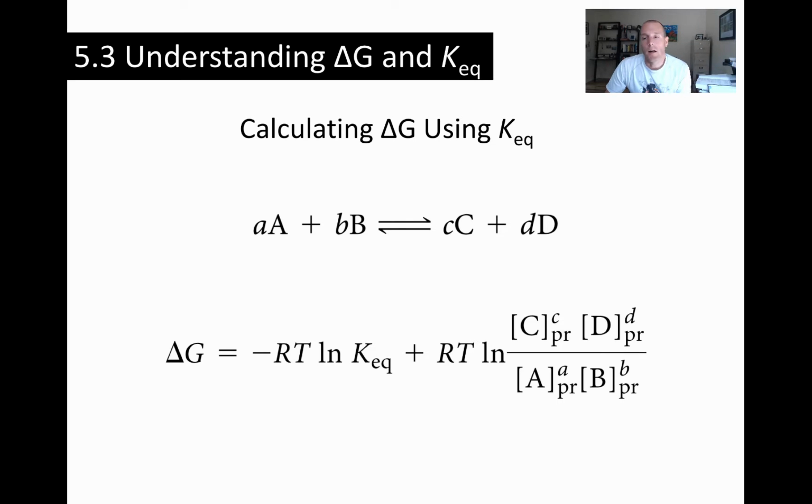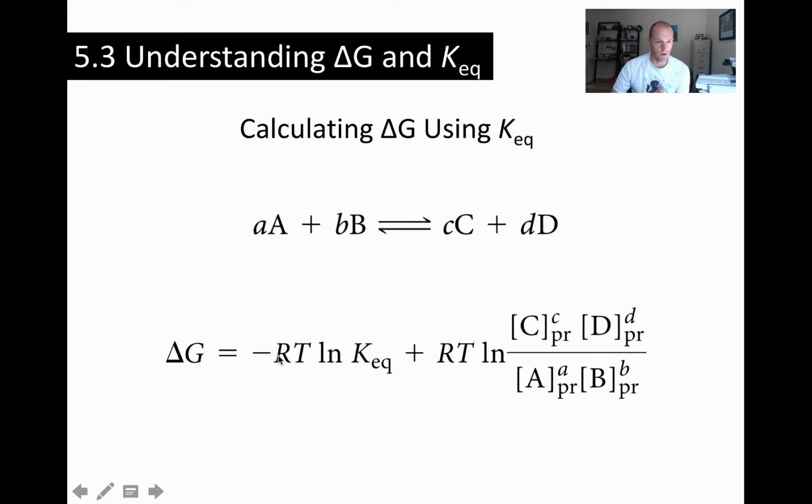Now, if we look at a slightly more complex situation where we've got a moles of A and b moles of B being converted to c moles of C and d moles of D, that's the standard nomenclature to show this kind of reaction, we can do exactly the same thing. Just because there are more reactants and more products here, we can start to work with the actual concentrations of these things as well. So delta G is now a function of minus the universal gas constant times the temperature, times the natural log of the equilibrium constant.